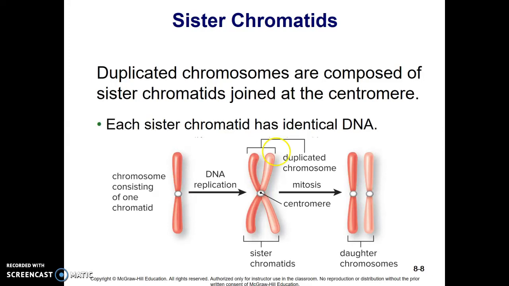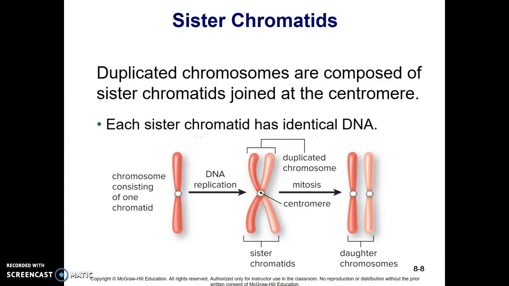Each part, this is like a dark orange and then a lighter orange. The dark orange will go to one daughter cell and the light orange will go to the other daughter cell. What I don't like about this picture is I need you to know they're exactly the same. Sometimes we use different colors to show that they're different forms of the gene, or different forms of genetic material.